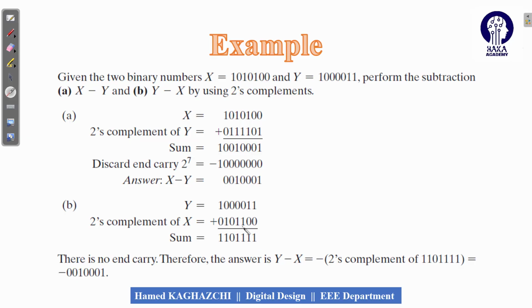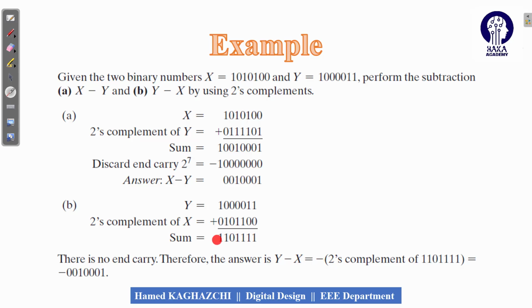In this summation, we don't have any carry. If we don't have a carry, the method says to again take the 2's complement of this result and place a negative sign here.